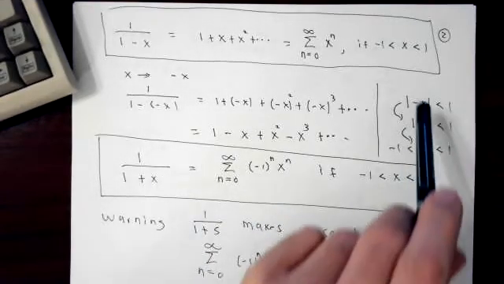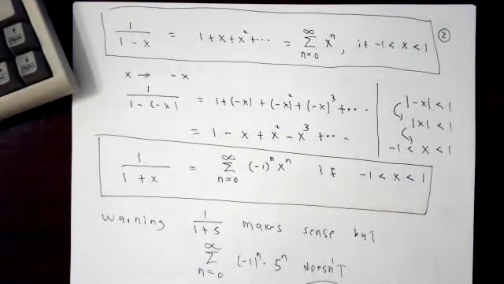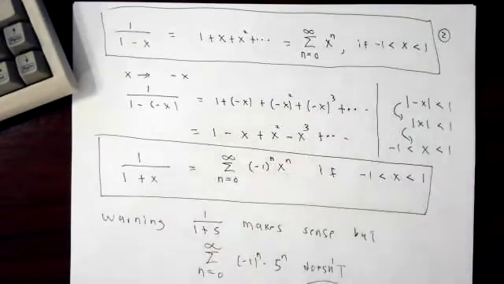This will work if absolute value of negative x is less than 1, but the absolute value of negative x is the same as absolute value of x. We get back our -1 to +1 range for our convergence here. It's important to understand this. These two formulas are true only for the specified range of x values.